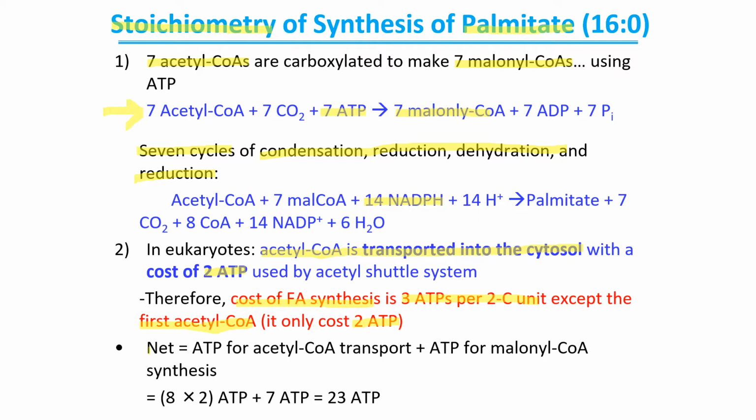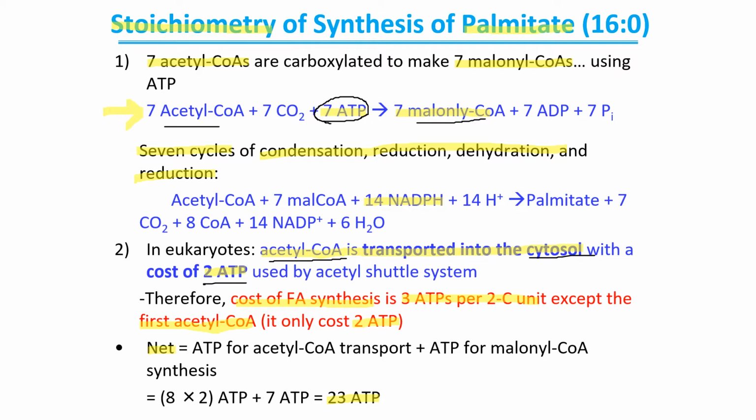So in short, the net ATP consumption for making a palmitic acid is 23 ATPs in total. 7 ATPs are used right here for the conversion of acetyl-CoAs into malonyl-CoAs, plus 16 more ATPs are used, because we transported 8 acetyl-CoAs from mitochondria to cytoplasm.